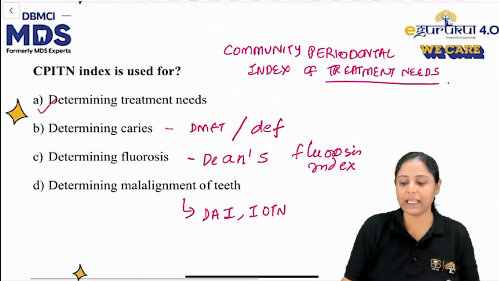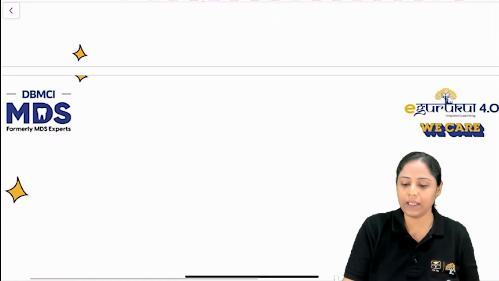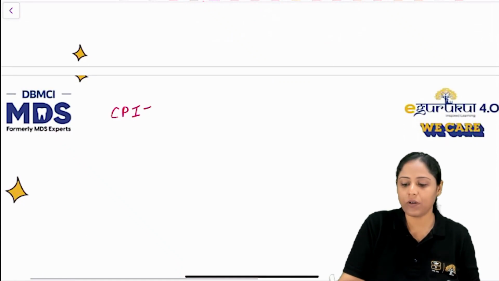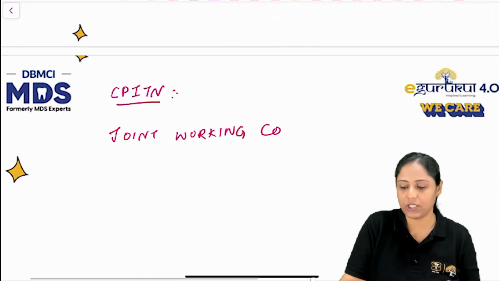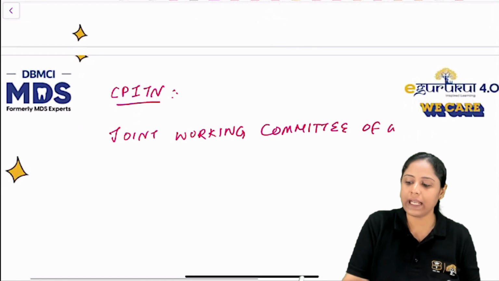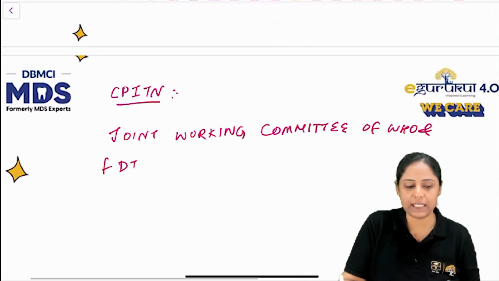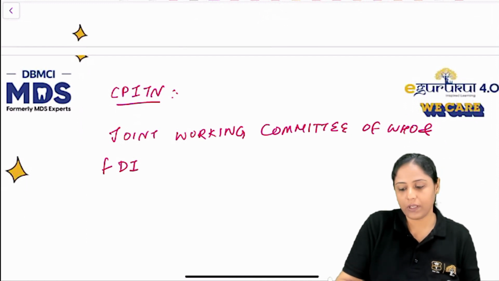To look into CPI-TN very briefly, the Community Periodontal Index of Treatment Needs was developed by the Joint Working Committee of the World Health Organization and also Federation Dentaire International in 1982.